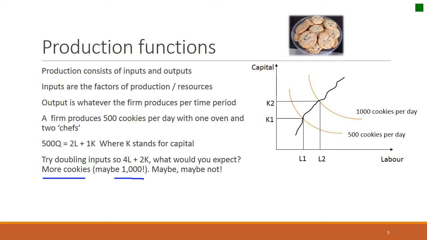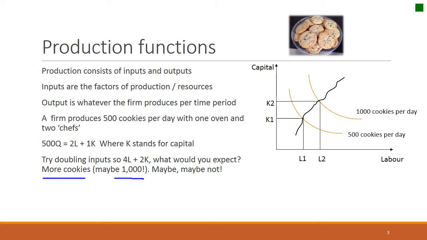The word iso is a Greek word meaning equal. I'm sure you remember isosceles triangles, triangles with equal angles. And here we have an equal quantity. So wherever you are on this one particular isoquant, you are producing 500 cookies per day.